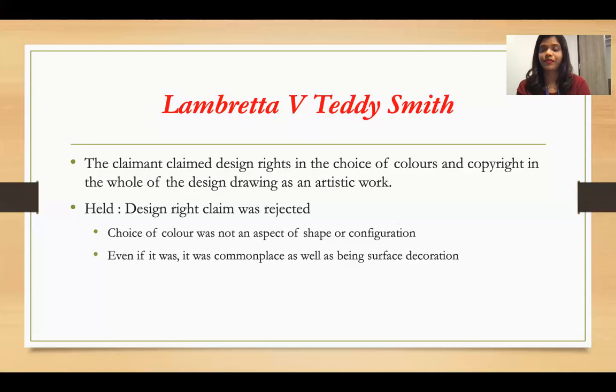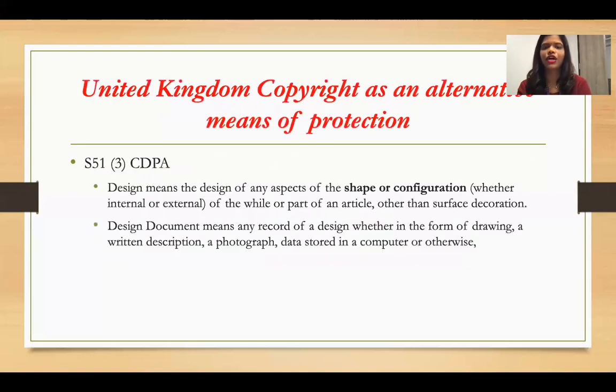But the courts held that, look, color will not fall under shape or configuration. So remember, when we spoke about design under copyright, you must show under section 51 sub 3 that this design is any aspect of shape or configuration. So configuration is where we talk about internal and external.